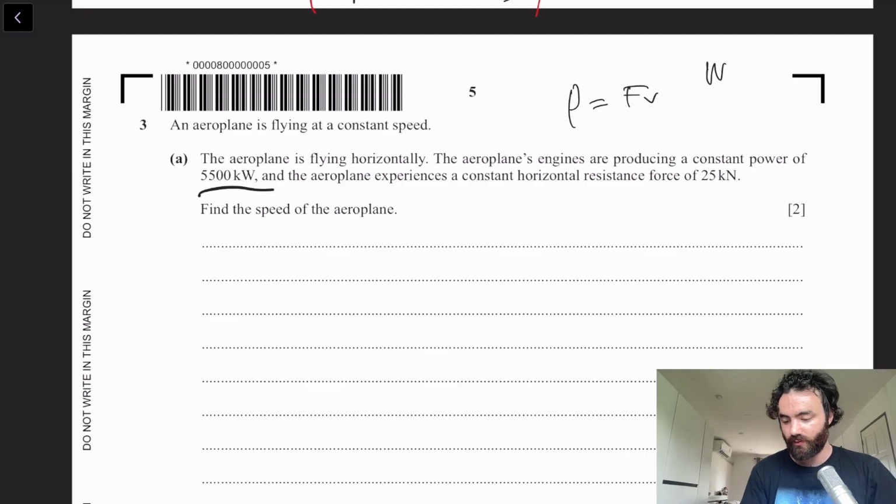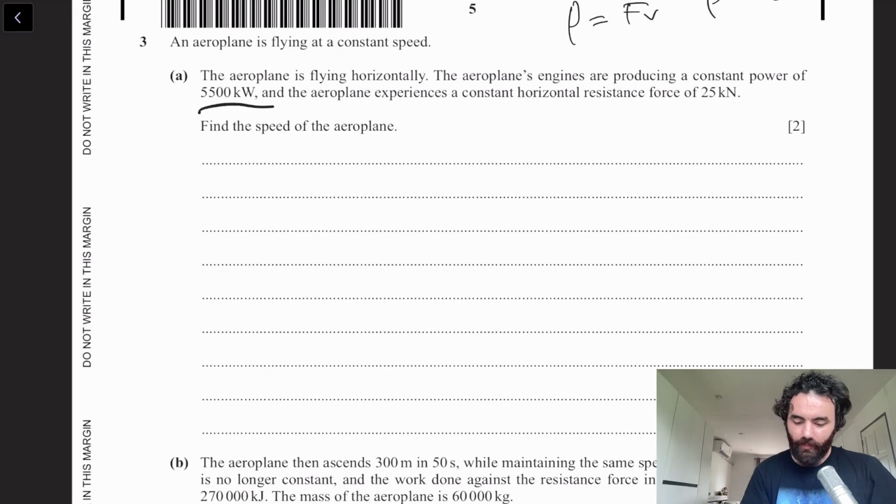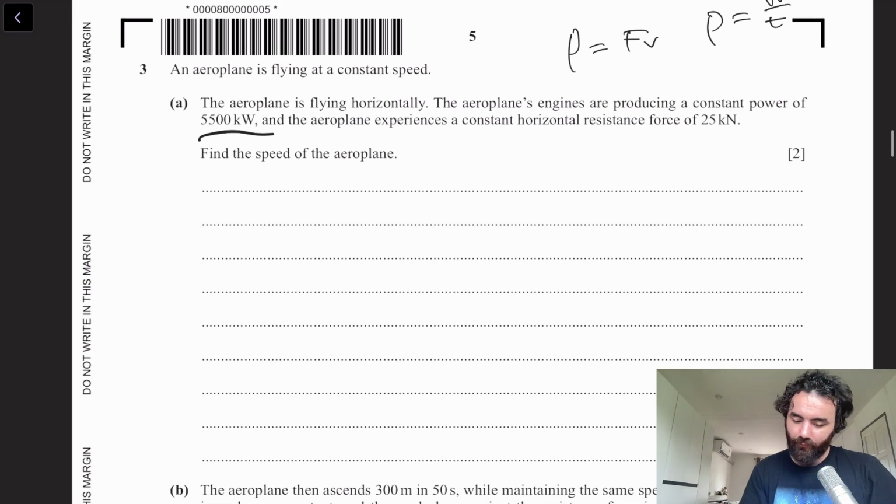You know, power also is the amount of work you do per unit time. Find the speed of the aeroplane.